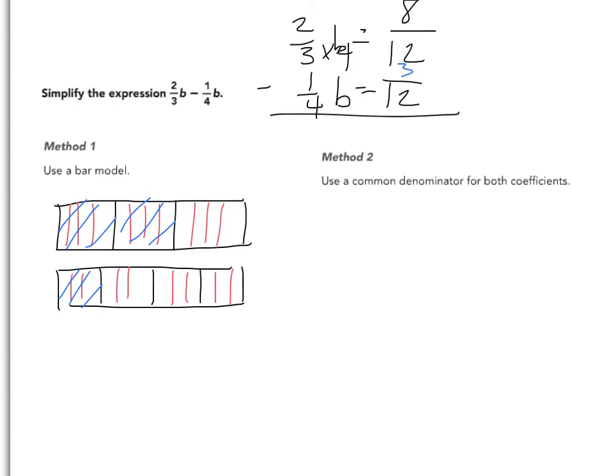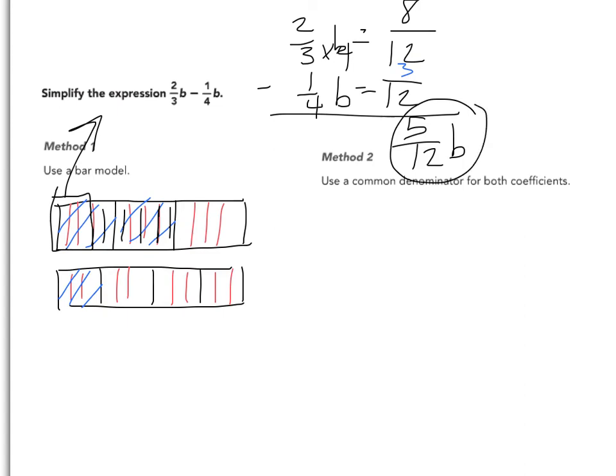Take those away. I'm left with 1, 2, 3, 4, 5 pieces out of 12, which is my answer. 8 minus 3 is 5 twelfths b. So this is really the work for right down here.